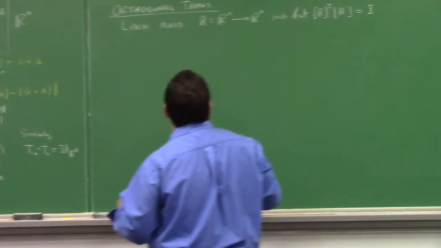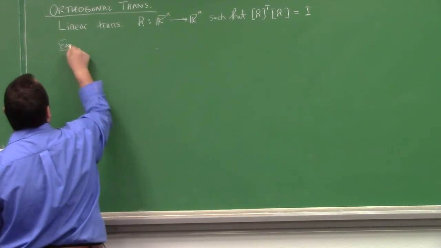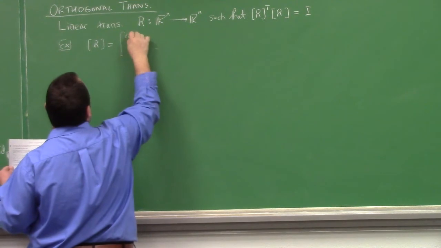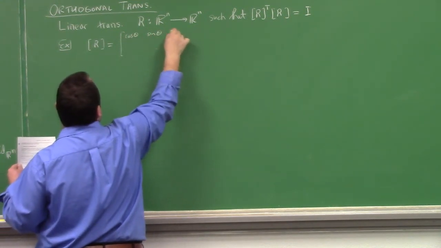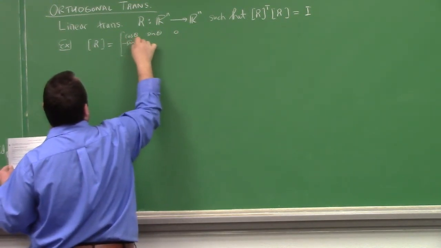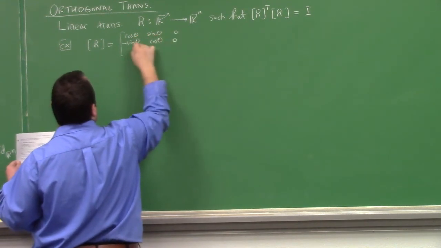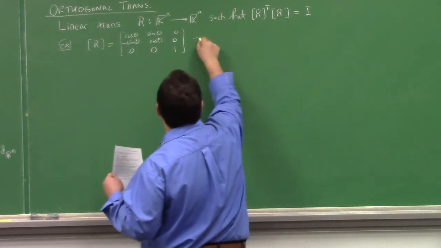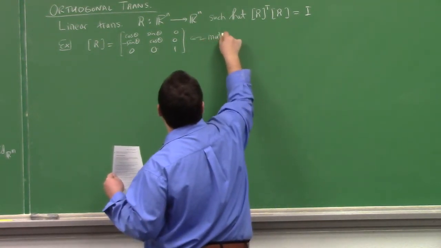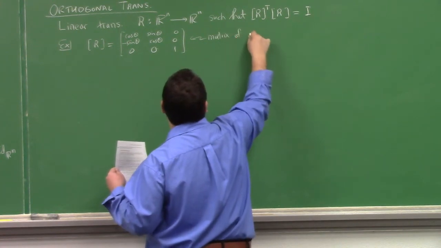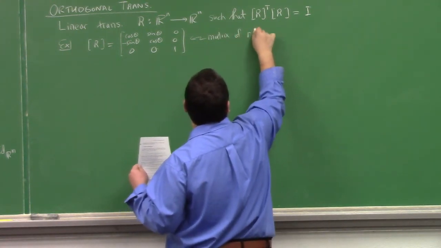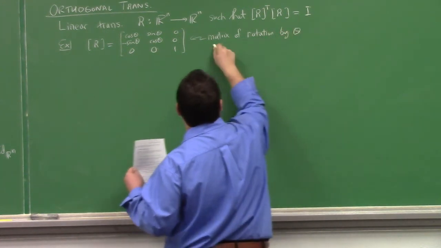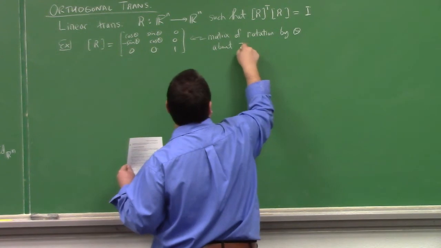So, for example, you could have the matrix of R: cosine theta, sine theta, 0, minus sine theta, cosine theta, 0, 0, 0, 1. This is the matrix of rotation by theta about the z-axis.